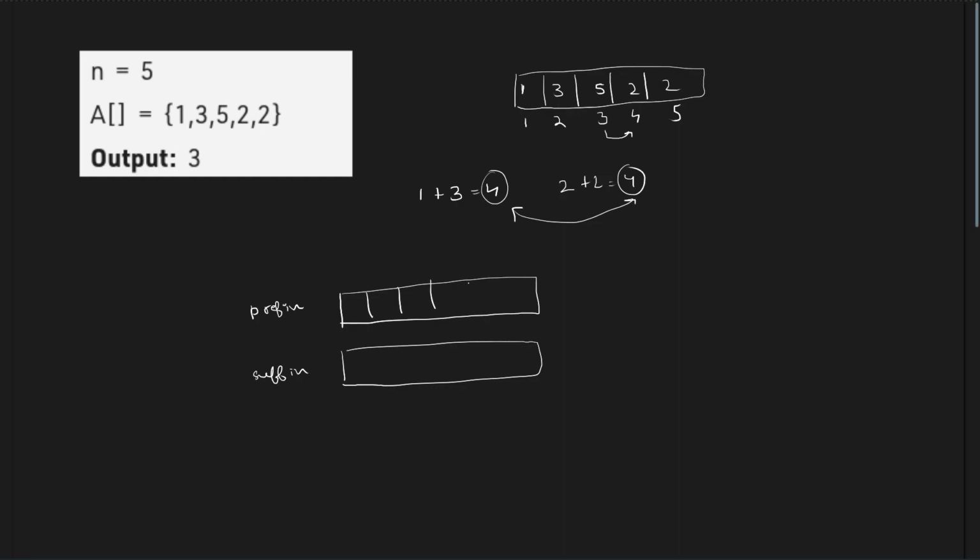Now if you have the whole array, at any index, for example, if you are at this particular position, you can calculate the sum of elements before it by just doing prefix of i minus 1, and you can calculate the sum of all the elements after it by just doing suffix of i plus 1, right? So suffix of i plus 1 will have the sum of these elements and prefix of i minus 1 will have the sum of these elements, and you just have to check whether they are equal or not. If they are equal, you can just return this particular index i, right?